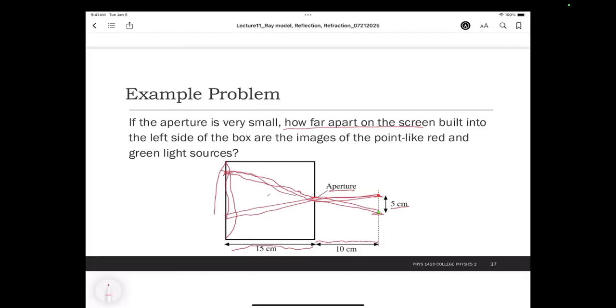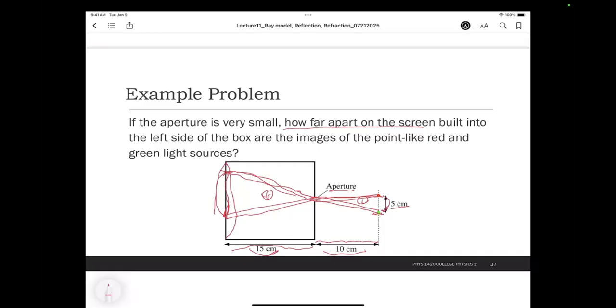This is triangle one. This is triangle two. These triangles obey some rules. This distance compared with this distance is equal to this one compared with this one.